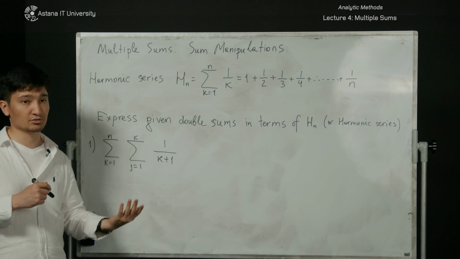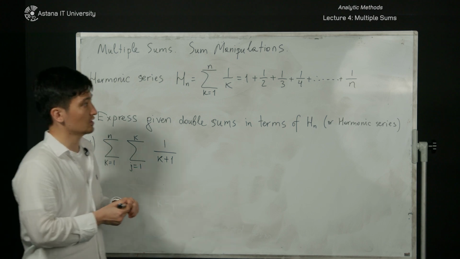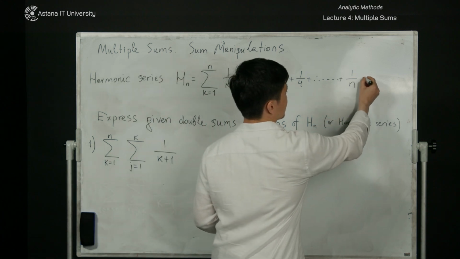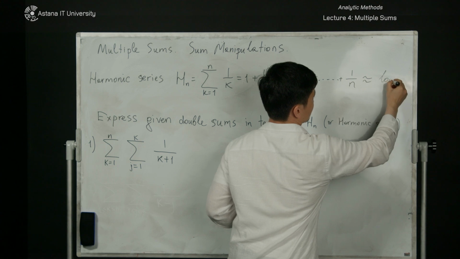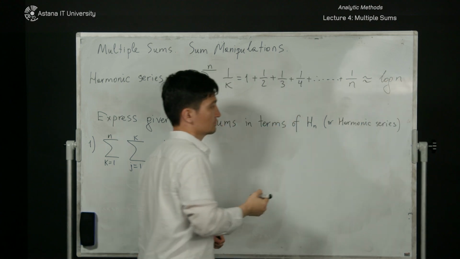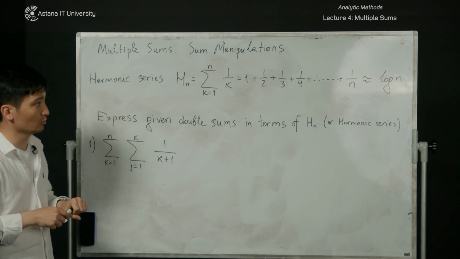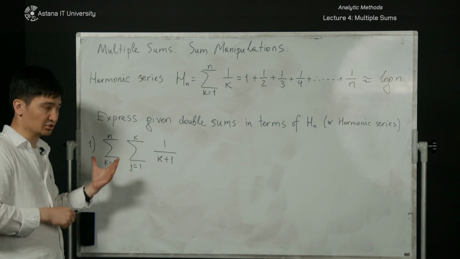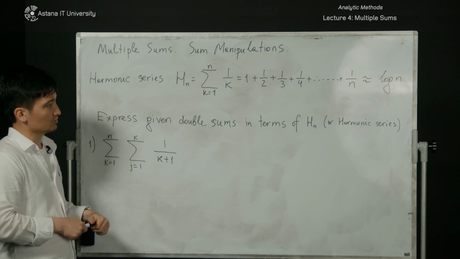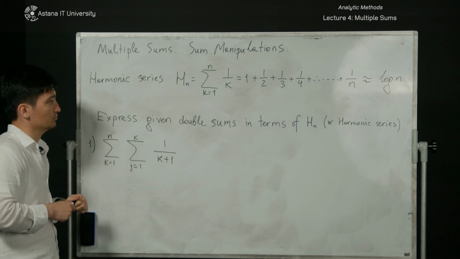And most of the time, they are expressed in terms of log n. And as you know, the harmonic series is approximately log n. So that's why it's important to know how to express certain expressions, especially double sums and triple sums, in terms of Hn or basically log n, right?